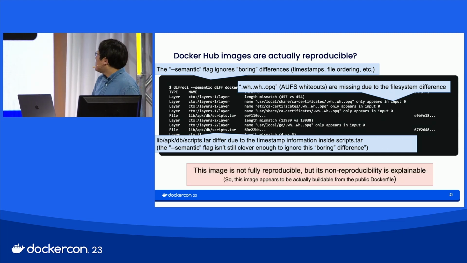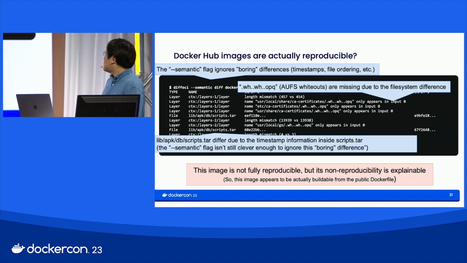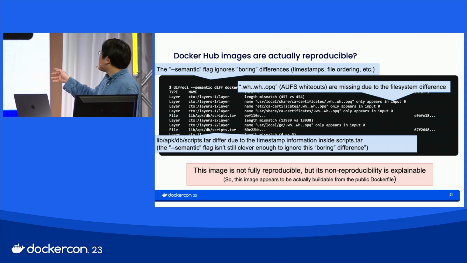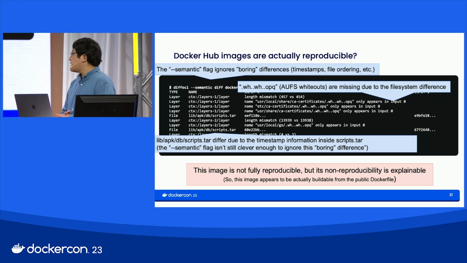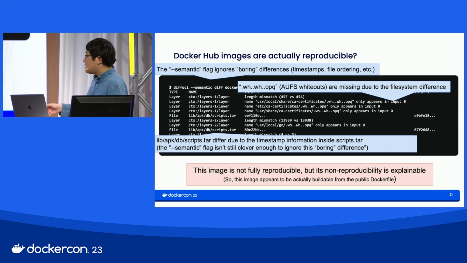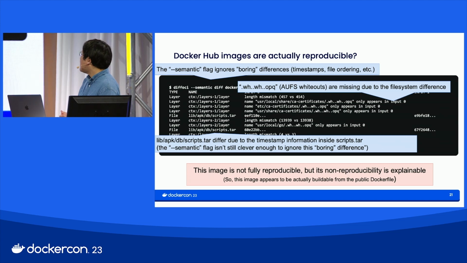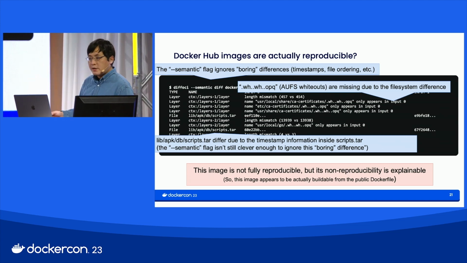So even though this image is not fully reproducible, we can explain why. We can say that this image appears to be actually buildable from the public Dockerfile. So in other words, we can trust the Golang image on Docker Hub.